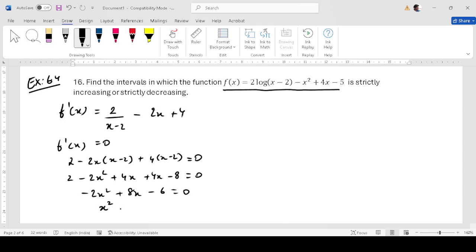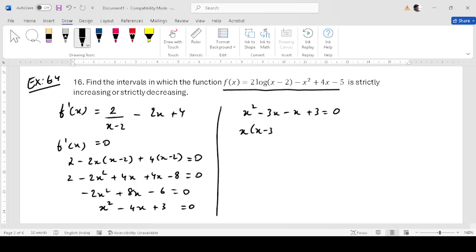We can take minus 2 common and then divide it on both the sides. We'll get x square minus 4x plus 3 equals 0. We can split this up. x square minus 3x minus x plus 3 equals 0.